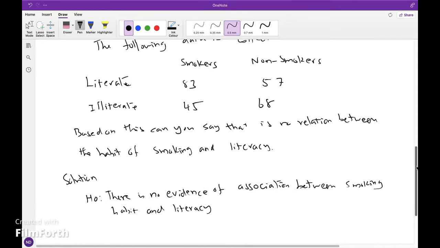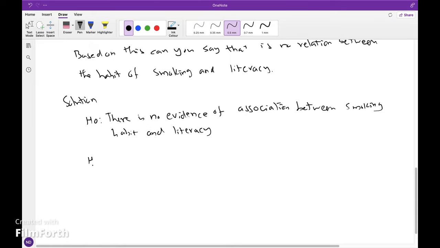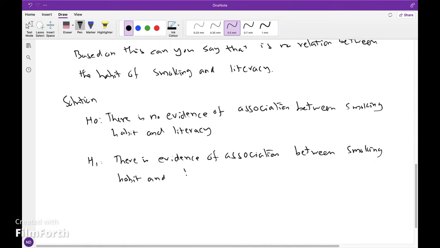H1, the alternative hypothesis: there is evidence of association between smoking habit and literacy.